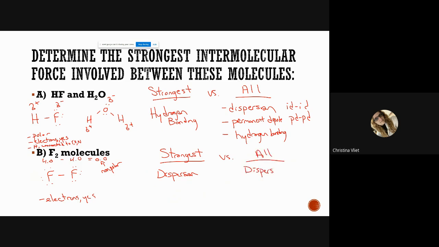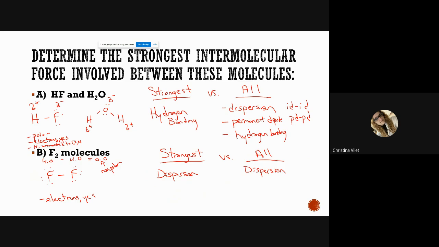You see what I'm trying to get at now? If dispersion is the strongest, that's all it has. If hydrogen bonding is the strongest, it has everything. And so that's the order from weakest to strongest: dispersion, then permanent dipole, then hydrogen bonding. Those are the 3 intermolecular forces that I need you to hold on to this lesson today.